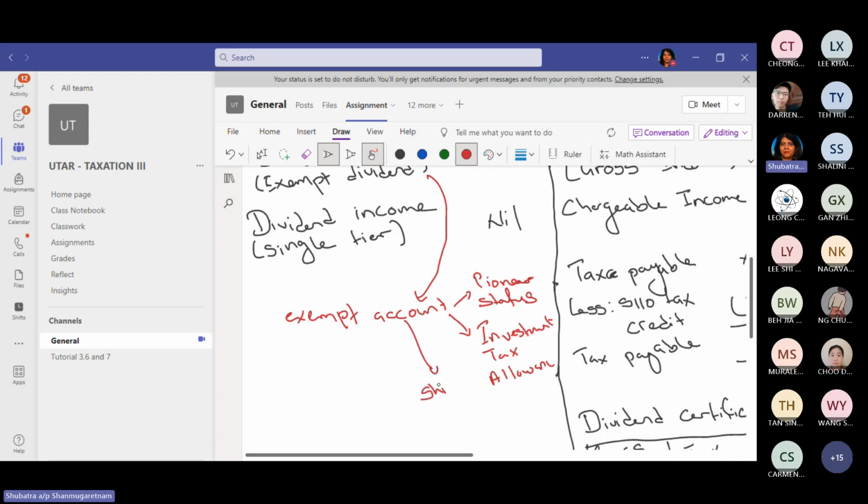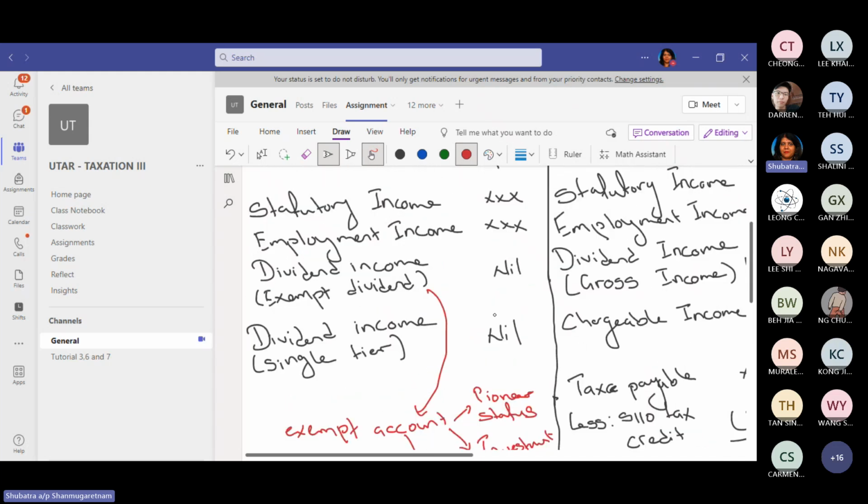All this gives rise to an exempt account. So distribution from an exempt account will give you exempt dividend. When you do your tax computation, you need to put the word nil in there.